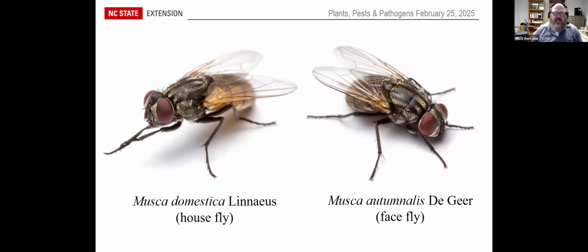So it's not just Musca domestica that's in here, but another species, for instance, Musca autumnalis, the face fly, was described by de Geer years later. And so even though they're the same genus, they're different species. But when we talk about the species, we don't just say autumnalis or domestica. We have to say Musca domestica because we need to know that this species epithet is in this genus. So we have a full species name.